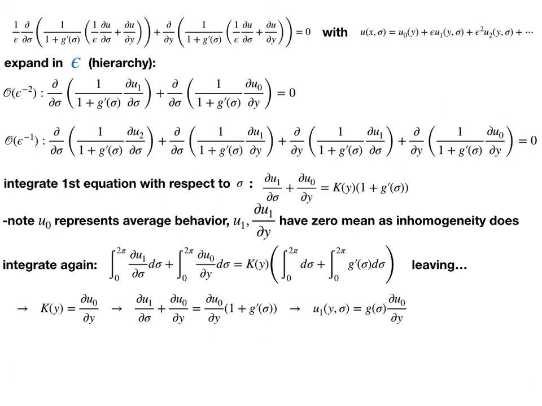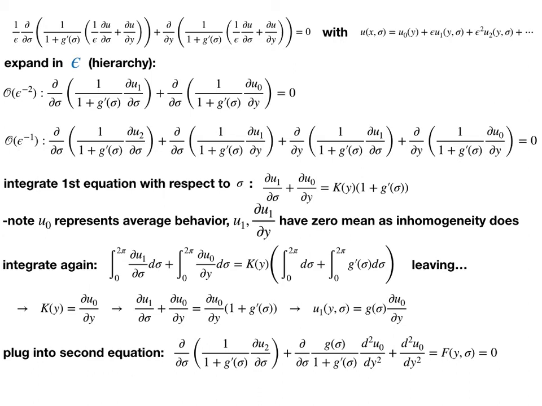So when we simplify this PDE now we just have a relationship between u1 and u0 through g of sigma. So we've just integrated up with respect to sigma once, and we end up with this fairly compact expression for u1 in terms of u0.